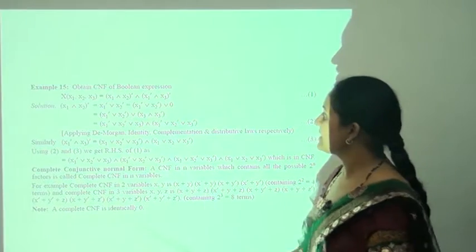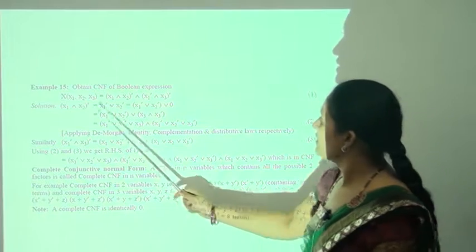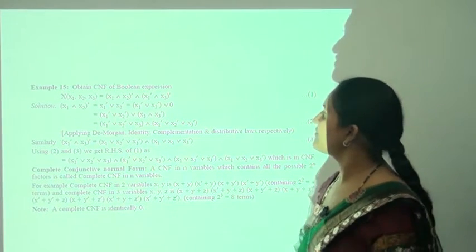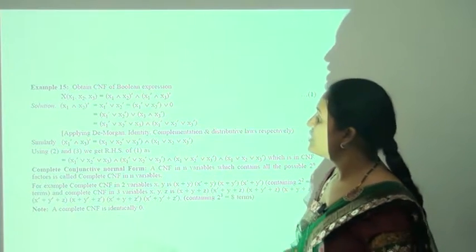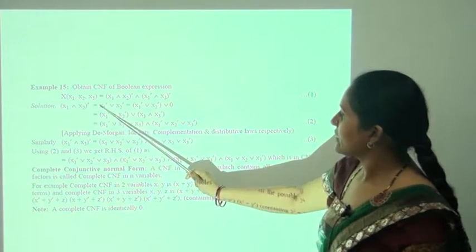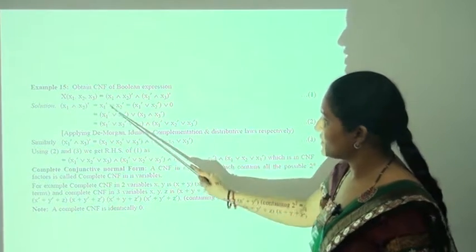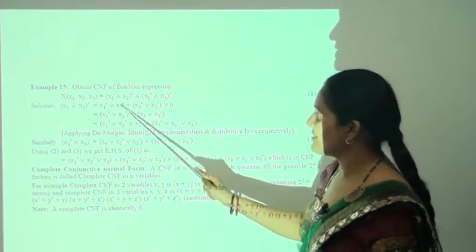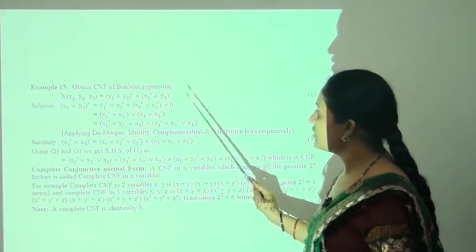Now let's take an example. Obtain the CNF of the Boolean expression. These are the expressions we have to convert. For x1 meet x2 dash, by De Morgan's law we can write like this, and then within this is the identity law.